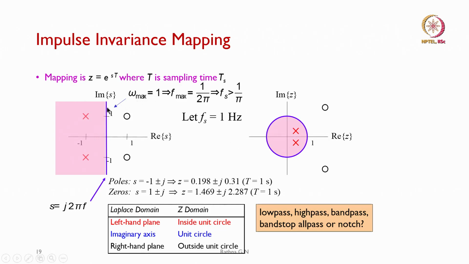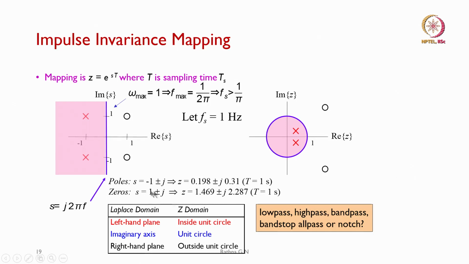So, omega max is nothing but 1 in this case, which is f max, given by 1 by 2 pi f, which implies that f s should be greater than 1 by pi. Let us assume f s is equal to 1 hertz. Then the poles at s equal to minus 1 plus or minus j get mapped in the z domain to 0.198 plus or minus j 0.31 for T equal to 1 second.